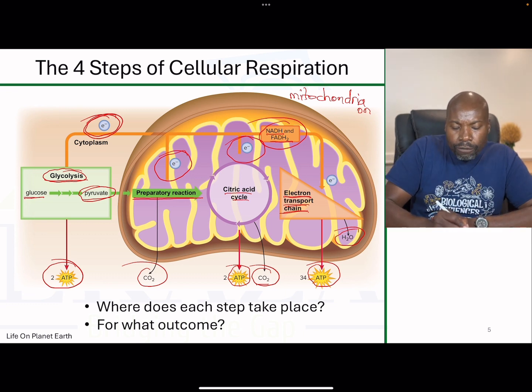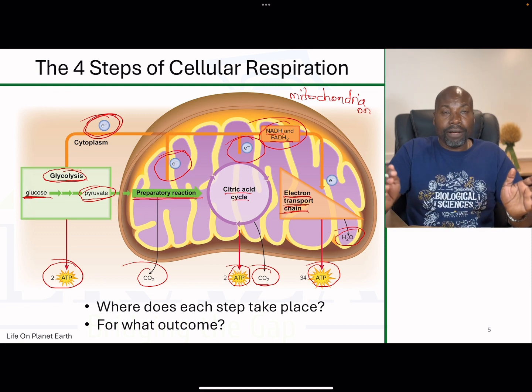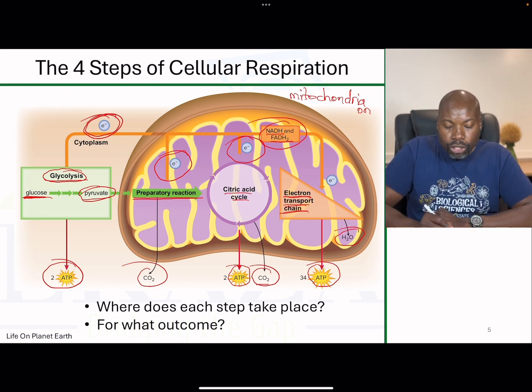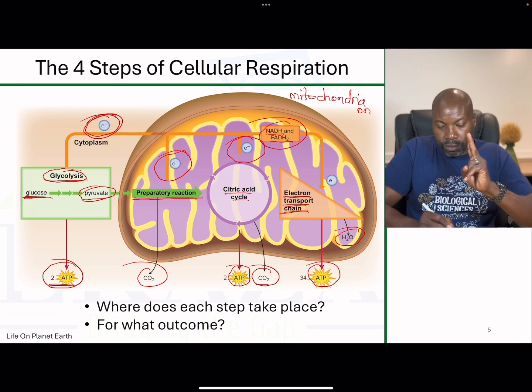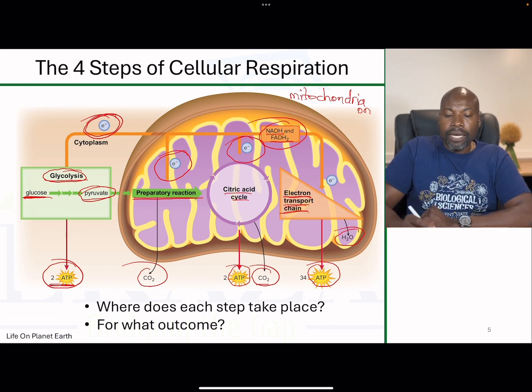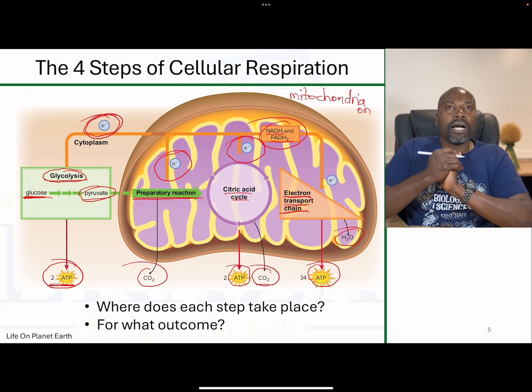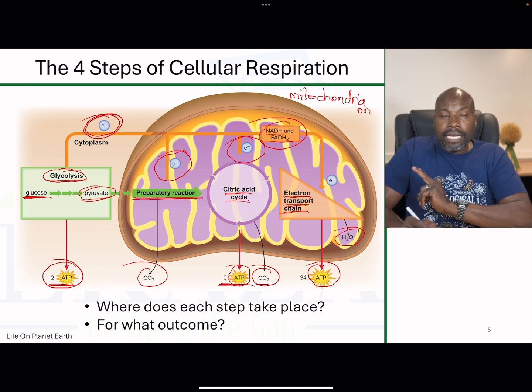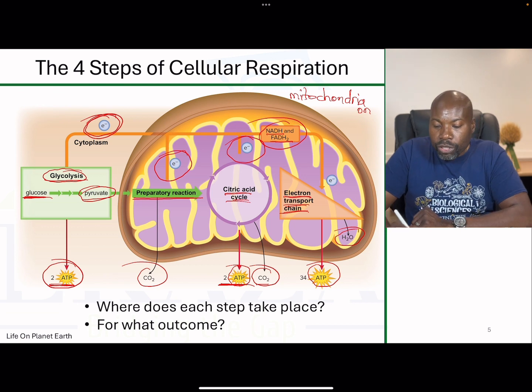So one molecule of glucose is broken down. The first step, glycolysis, you have production of 2 net ATPs. In the second time ATP is produced, it's going to be in the citric acid cycle. You have 2 ATPs that are produced, right? The electron transport chain produces 34 ATPs.